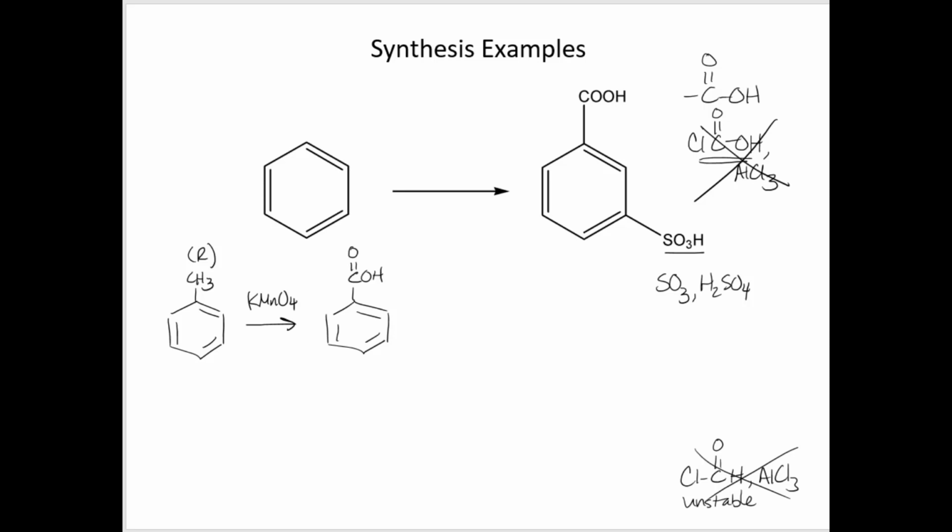The second way is, could I take a bromobenzene and then react it with magnesium metal to form the Grignard? I can do that.